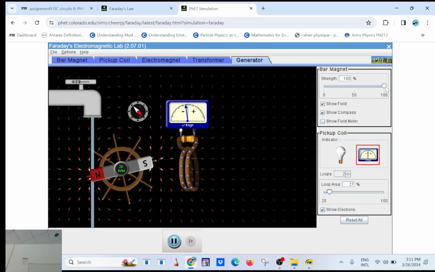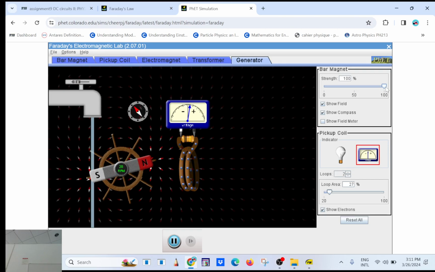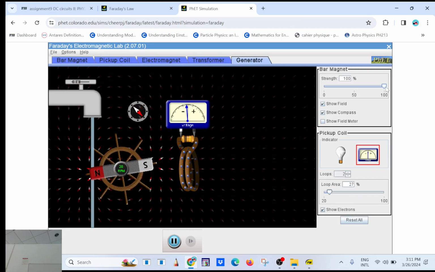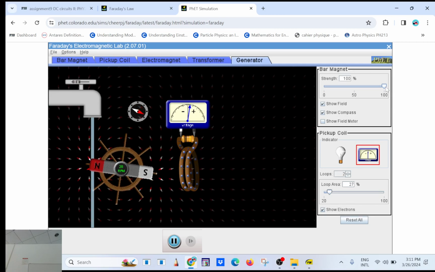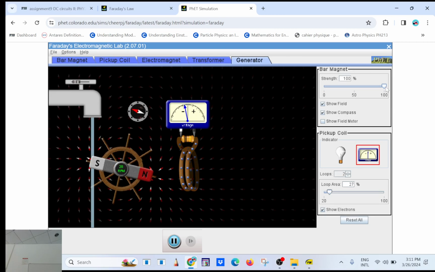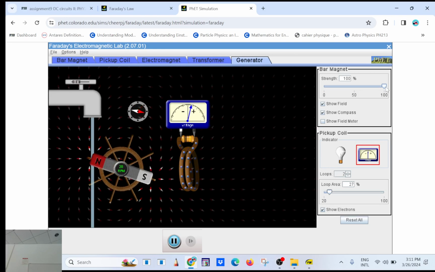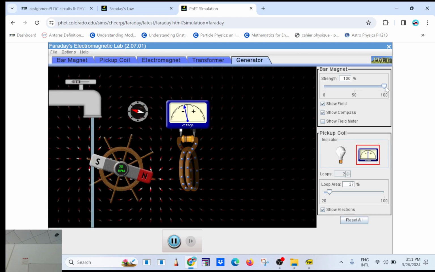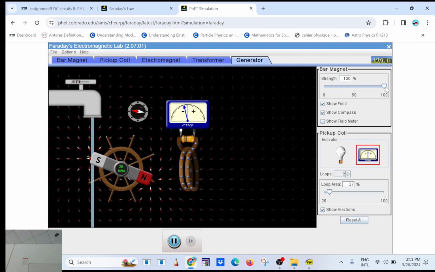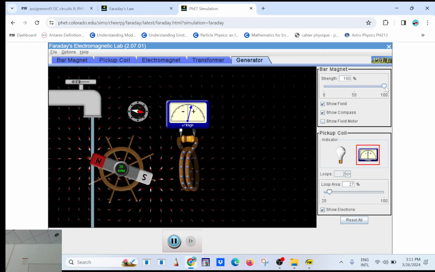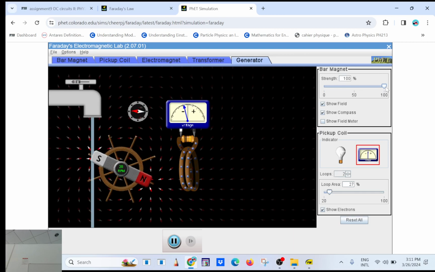Okay, so now I have an electromagnet, and if I do this in and out, ooh, it's even better. Do you see? It's getting tiring, but you get the idea, right?